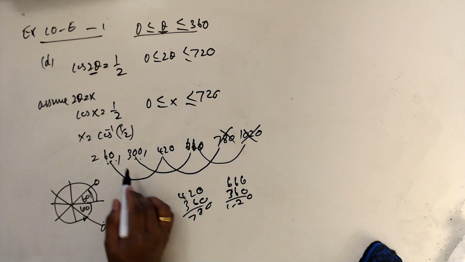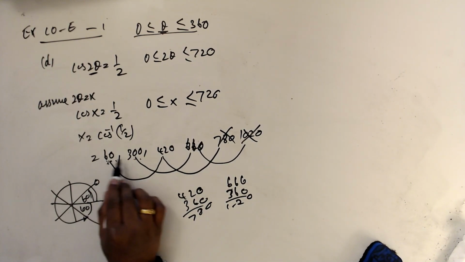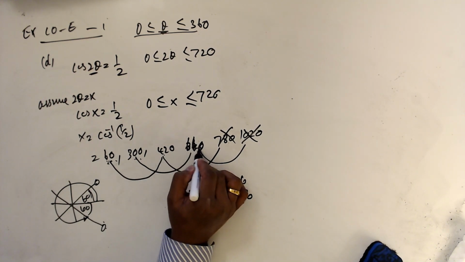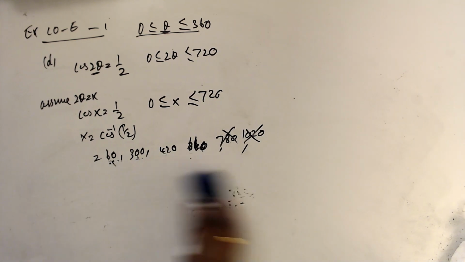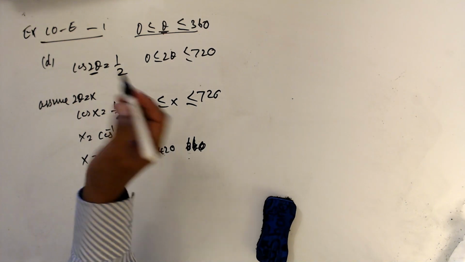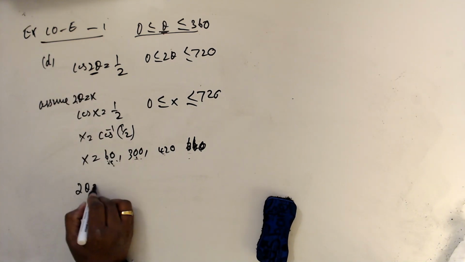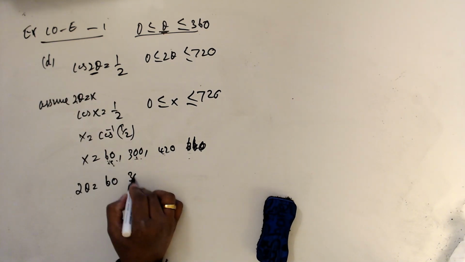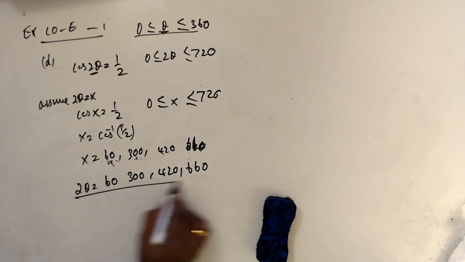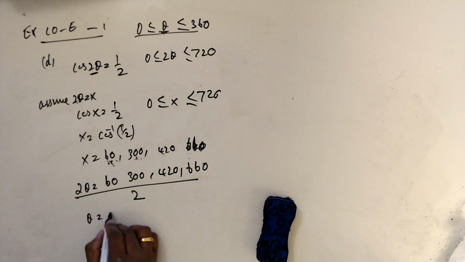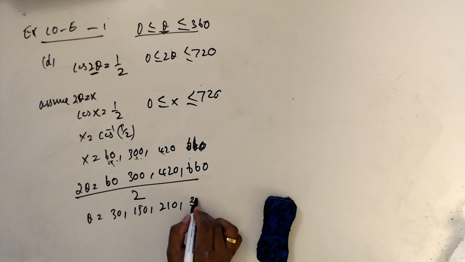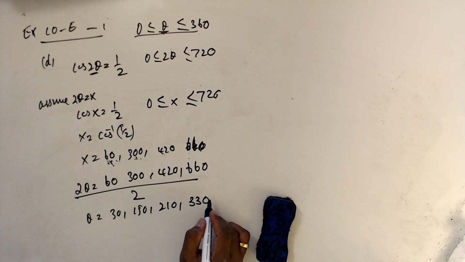Let's stop now. So only 4 angles, 60, 300, 420, 660. Now this is for x. Now we'll substitute back, 2θ equals 60, 300, 420, 660. Divide by 2. θ equals 30, 150, 210 and 330.